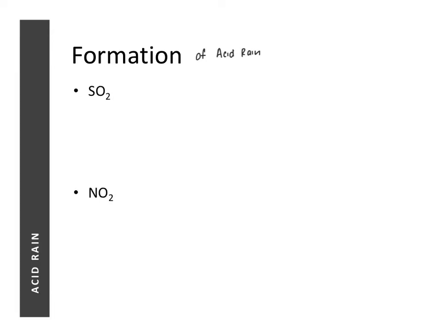Earlier we saw that there were two pollutant gases that can lead to acid rain. So in this part, we're going to look at how the gases actually form acid rain. The first gas is sulfur dioxide. What happens when we have sulfur dioxide in the air is that it will first react with water, and upon reacting with water, it forms sulfurous acid.